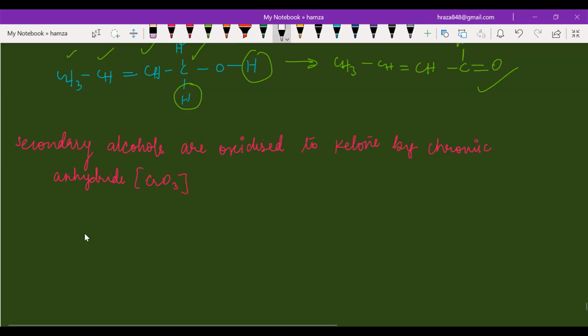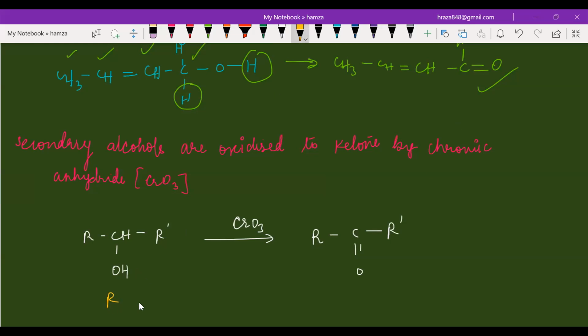So if you have a secondary alcohol like this and you use CrO3, nothing else will happen, only ketone will be formed. Now see the concept behind it, the same concept from the start. For the oxidation of alcohol, remove hydrogen from oxygen and hydrogen from the carbon to which O is connected. So there will be this, and in order to satisfy the valency, it will be like this.